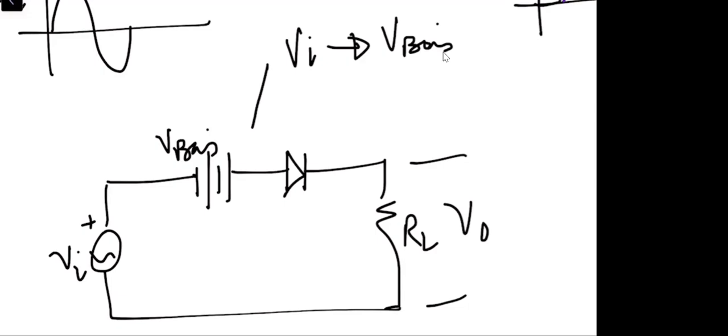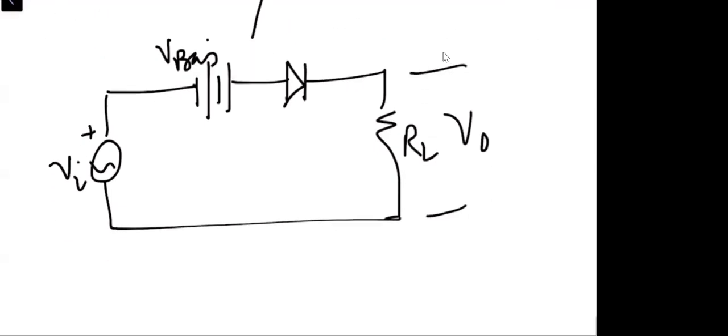Now in this circuit, what will happen? Again we consider the diode as an ideal diode, and we are providing the input as VI, and the maximum value is Vm.